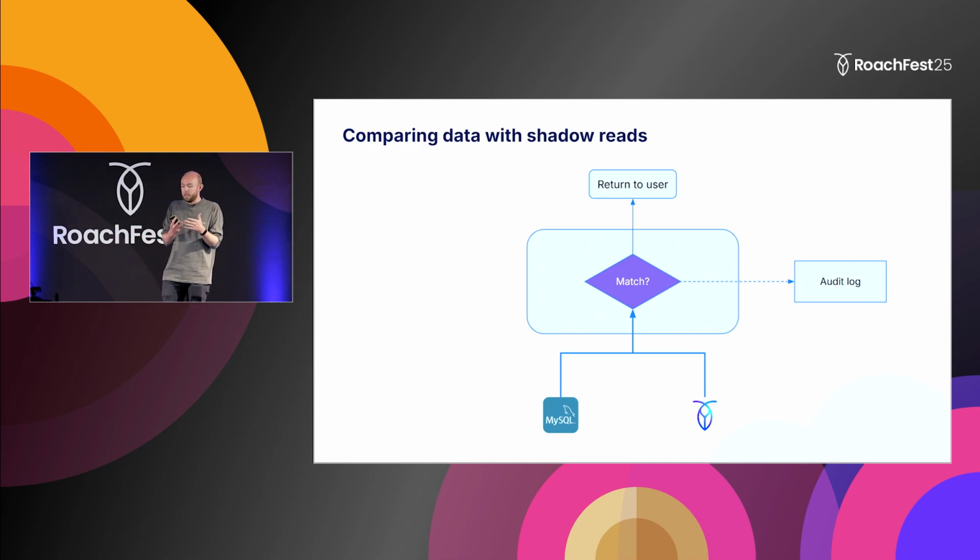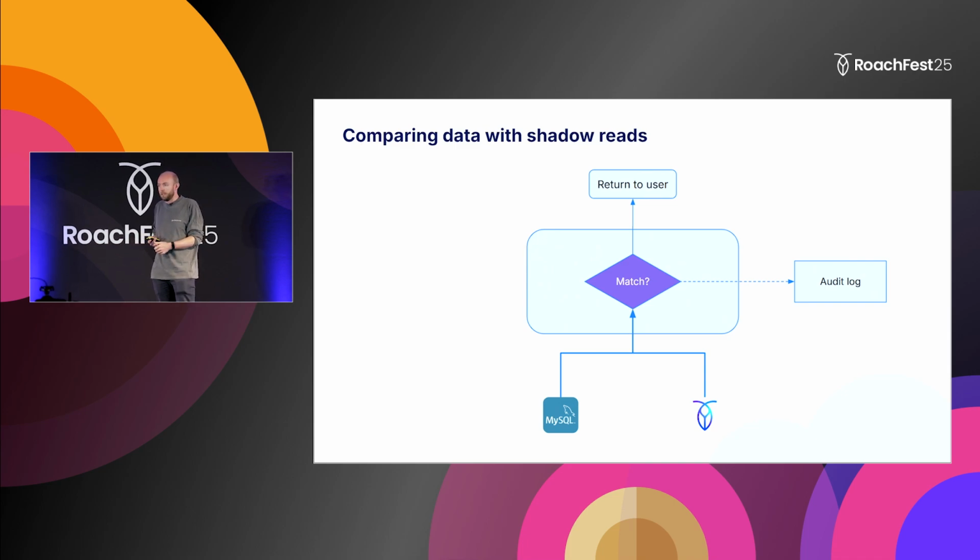So we also added a comparison into the read process, which would check if they're the same, or if there's any differences in the two databases that's been returned. And if there was, we would log that in an audit log that we could then pore through and make sure that we understood why those discrepancies were there, or if, as happened, we found a few bugs or a few things in the new database that we needed to resolve. That allowed us to do this.